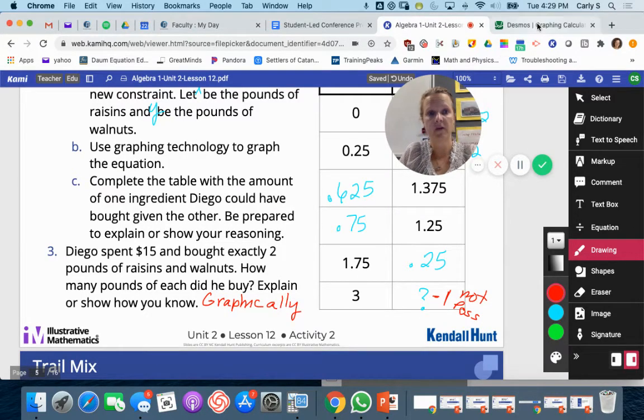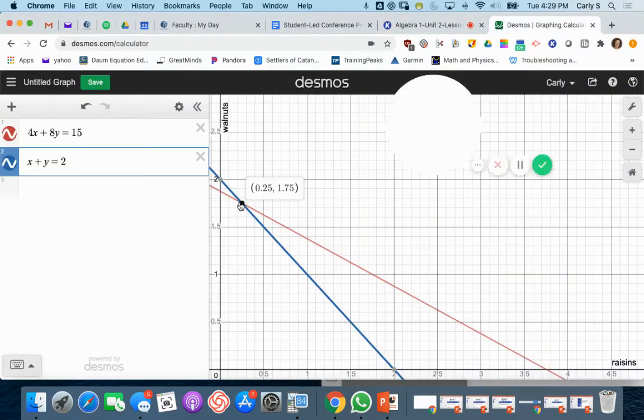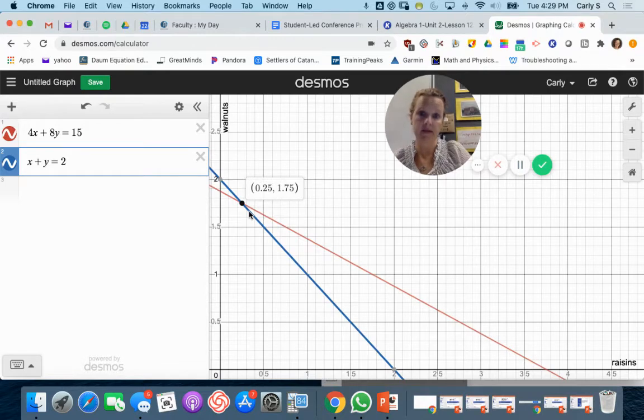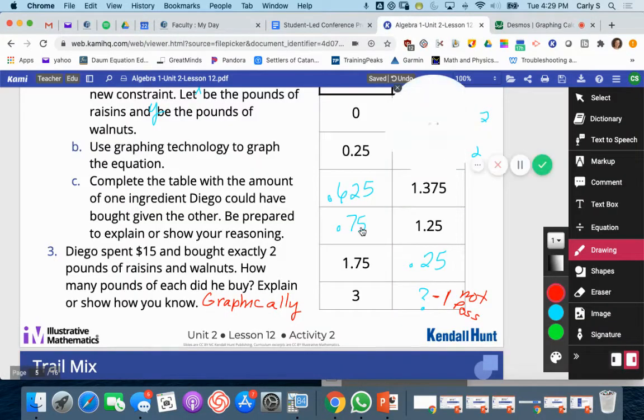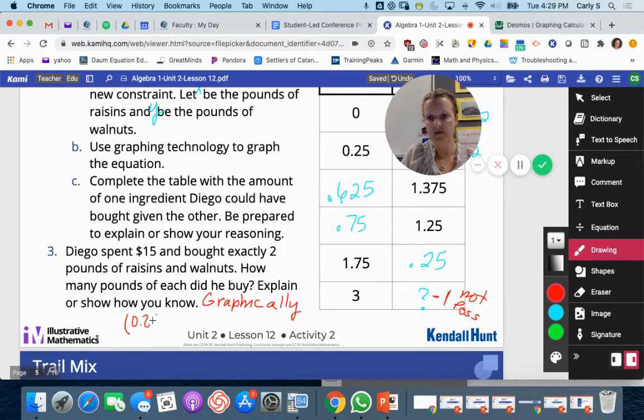If we go over to the graph, it's 0.25 pounds of raisins and 1.75 pounds of walnuts, because that's where the 2 graphs intersect. So I can say 0.25, 1.75. Okay, graphically, it's where the 2 lines intersect.